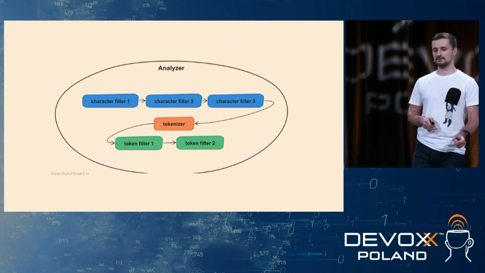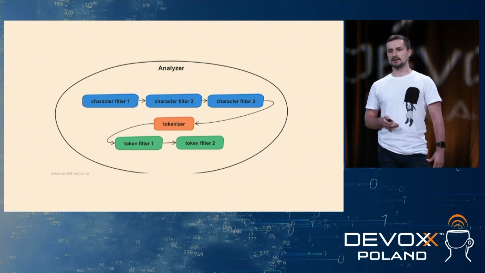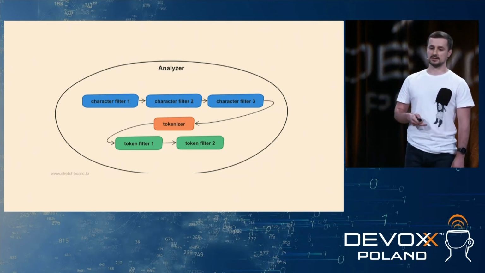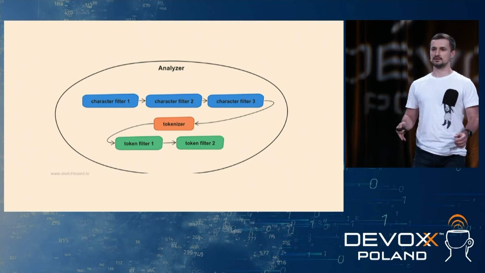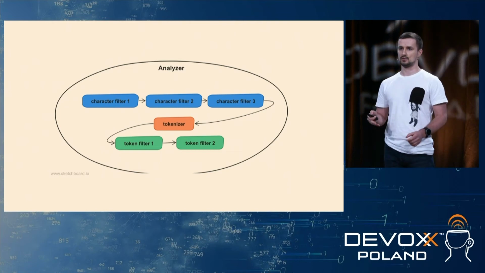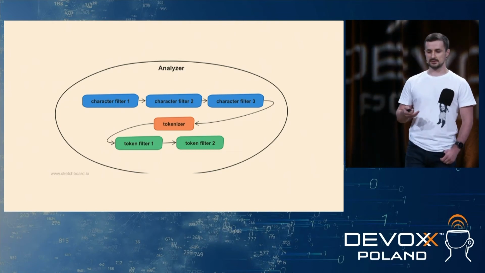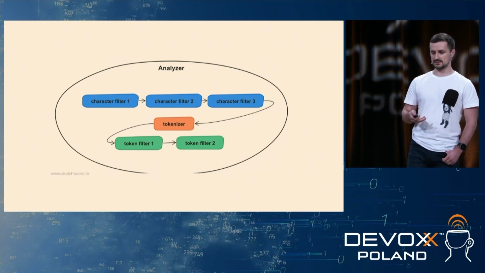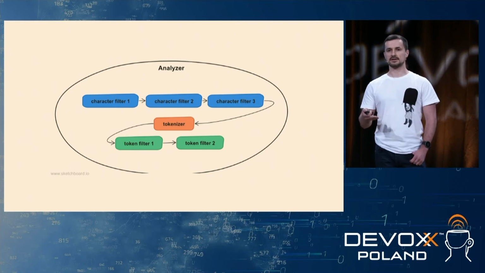So we can have the character filters, and character filters can replace or remove characters out of a string. So that's good, but it's still just a big string, and we need words or phrases. So we need to split this string into words or phrases, which are called tokens. And this is the tokenizer's job.